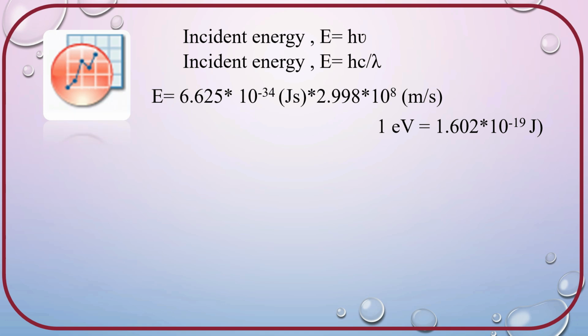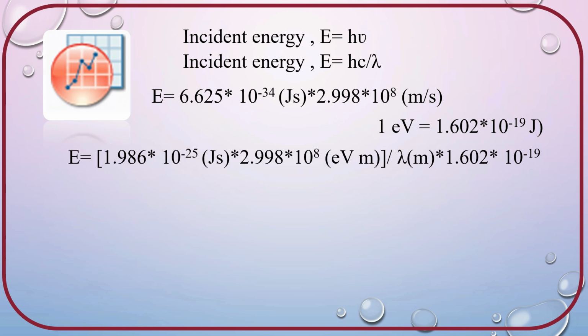Then convert joule into electron volt because we need the band gap in the unit of electron volt. 1 electron volt is equal to 1.602 into 10 raised to minus 19 joule. Thus the equation becomes 1.986 into 10 raised to minus 25 joule meter divided by lambda in meter into 1.602 into 10 raised to minus 19.